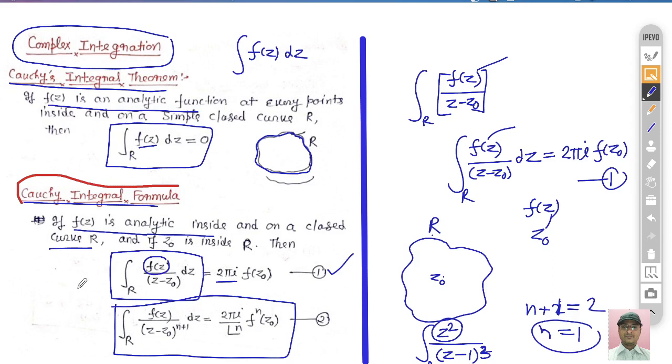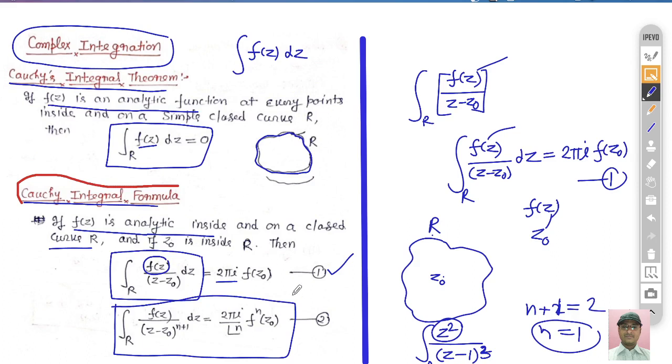One of the most important properties of these two: this formula is useful once z0 lies inside this domain R. First you check whether z0 lies inside this domain or not. If it lies inside, then we can calculate by this formula. If it does not lie inside, we can directly put its integral value as 0. So this is the difference between the Cauchy integral theorem and the Cauchy integral formula.